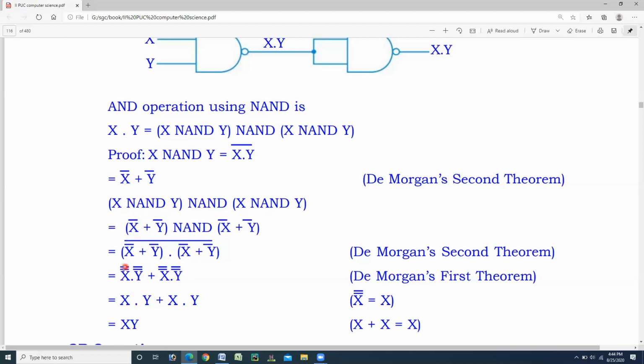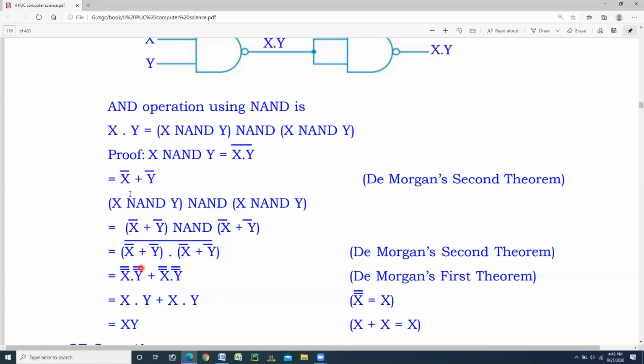This we have written. Then we know by the Boolean theorems that X double complement is nothing but X, and Y double complement is nothing but Y. Based on that, you can write X double complement becomes X, into Y double complement becomes Y, plus the same X dot Y. Then by the theorem X plus X equal to X, X dot Y plus X dot Y is nothing but X dot Y, that is XY.